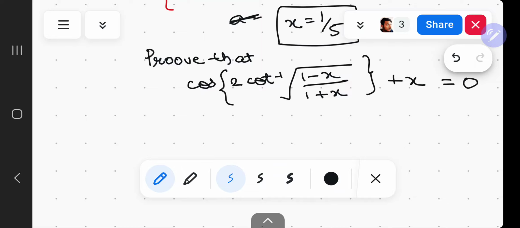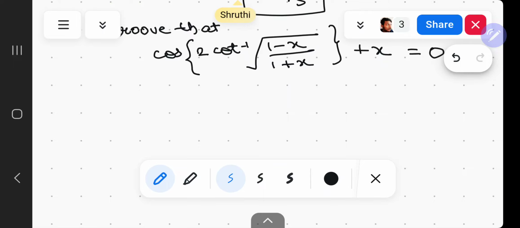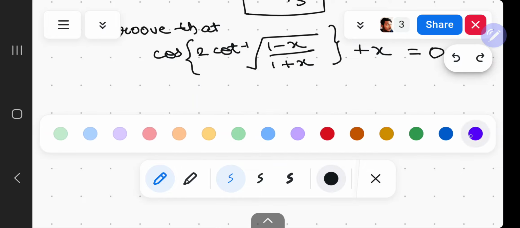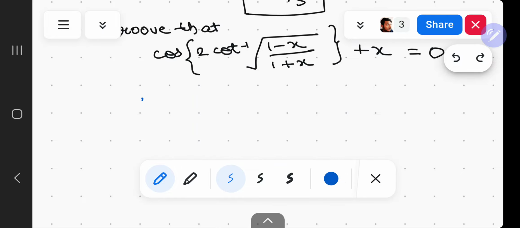First we'll simplify this thing. I'll write just this value, then we'll substitute it: cot inverse 1 minus x over 1 plus x. I'll write just this.